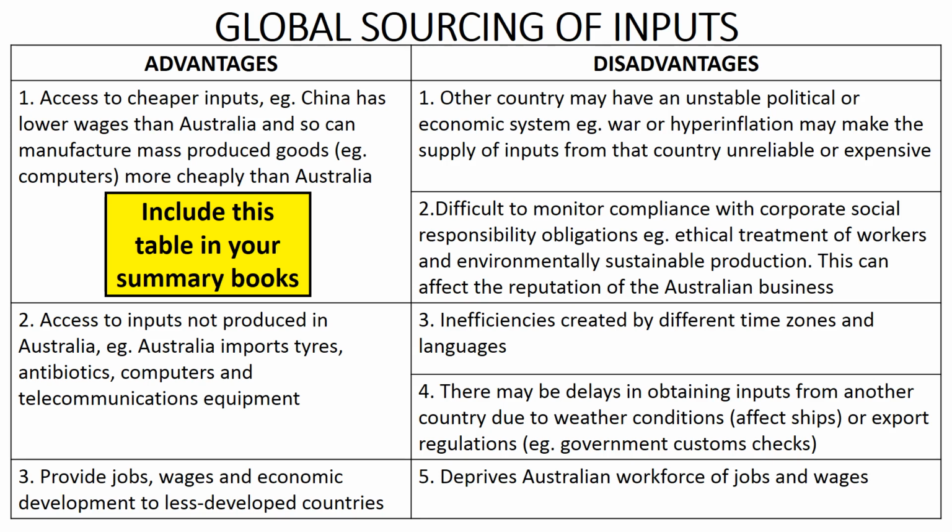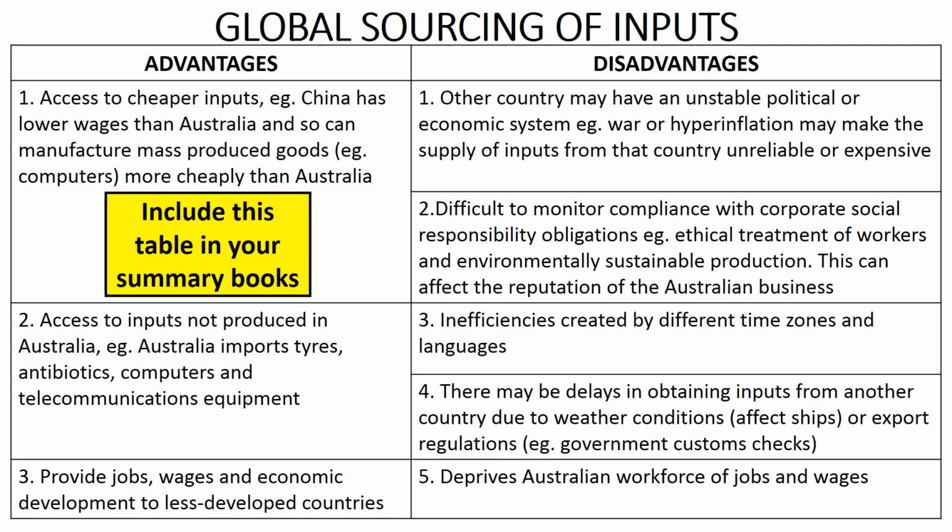For example, the reason Australia needs to import tyres, antibiotics, computers and telecommunications equipment is that many of these inputs are not produced in Australia. And third, globally sourcing inputs provides jobs, wages and economic development to less developed countries where the inputs are made in those countries.